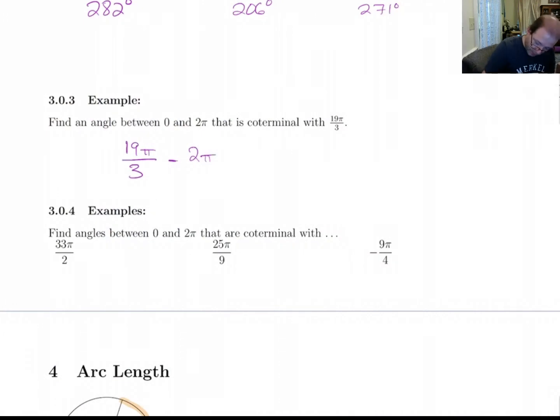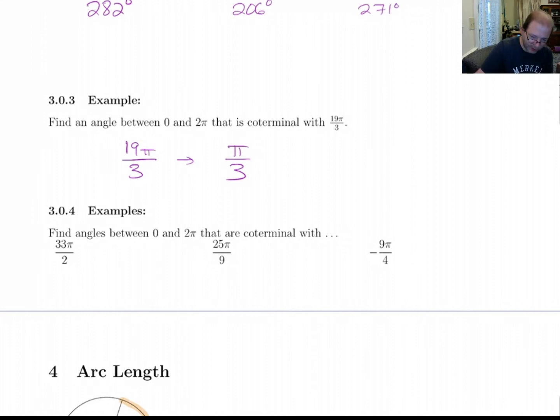And then I'm going to subtract 2 from it. So when I do that, it's going to give me a number between 0 and 2. That's the decimal expansion for 1/3. So this gives me 1/3 pi for my answer. So pi over 3. So that's what we're going to do on the rest of these.